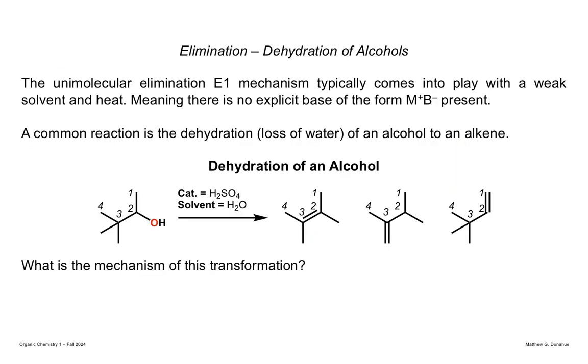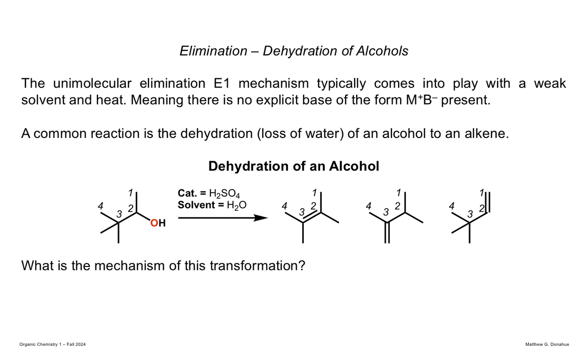So the E2 mechanism was using, again, what we've come to identify as a base, something that's going to abstract a proton. It's not going to act as a nucleophile. Now, E1 mechanism looks like SN1 in terms of the reaction conditions.